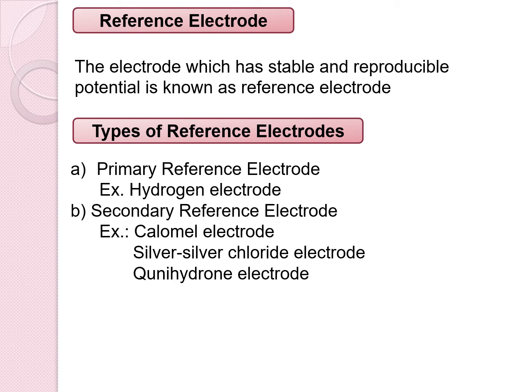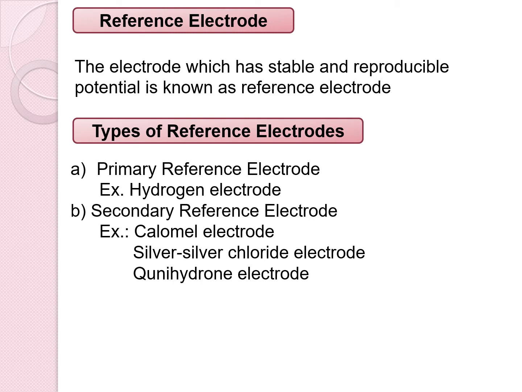Now the examples of these reference electrodes are hydrogen electrode, calomel electrode, silver chloride electrode, quinhydron electrode, mercury sulfate electrode. Now the question is why these electrodes are called the reference electrode.